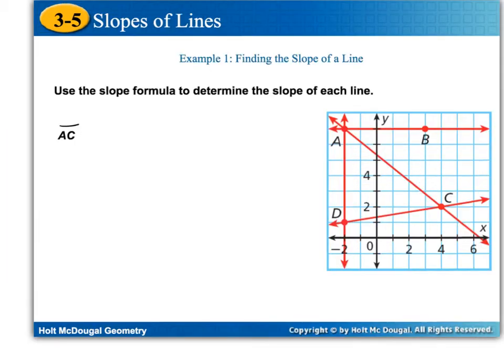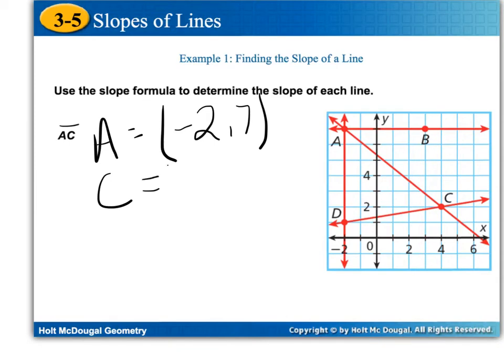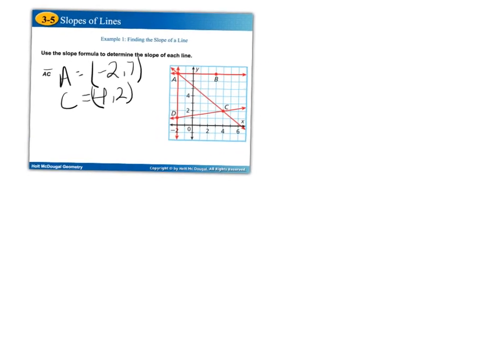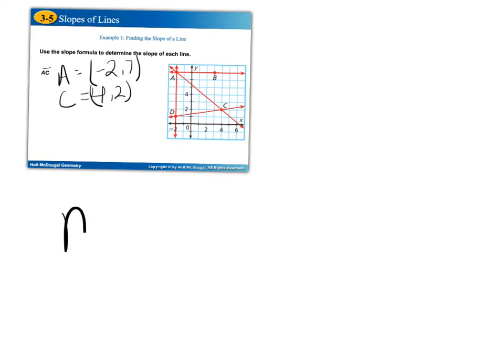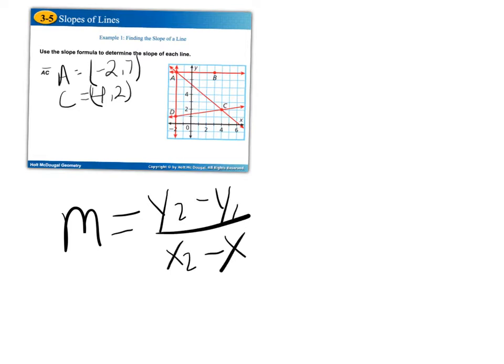All right, use the slope formula to determine the slope of each line. So for AC, first we have to find the point A. It is at -2, 7, and point C is at 4, 2. The slope formula tells me to do y2 minus y1 over x2 minus x1.